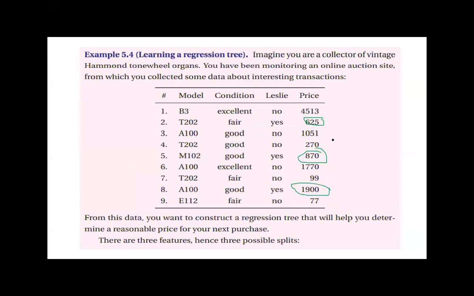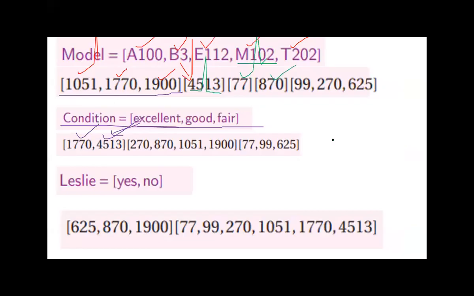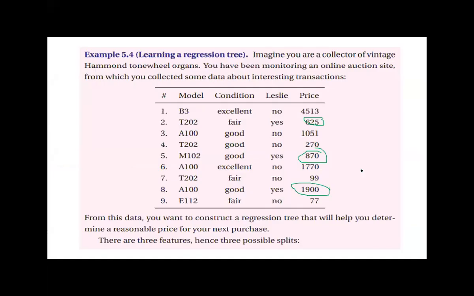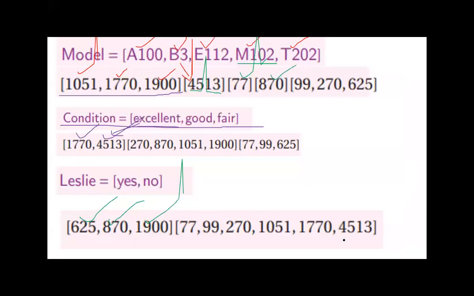So it can be written as 625, 870 and 1900. Similarly, no is 4513, 270, 77, 99, 270, 1051, 1770 and 4513.